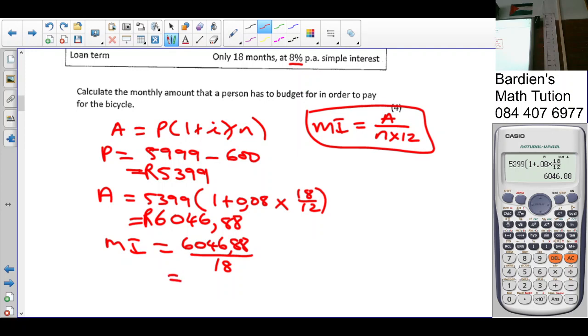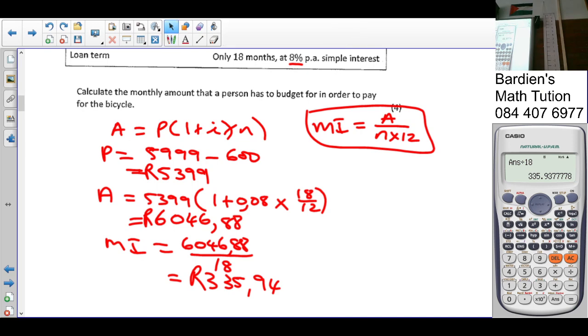Okay, you all okay with that? Divided by 18 is 335 rand and 94 cents. Okay, any confusion there? You all okay with that? Alright.